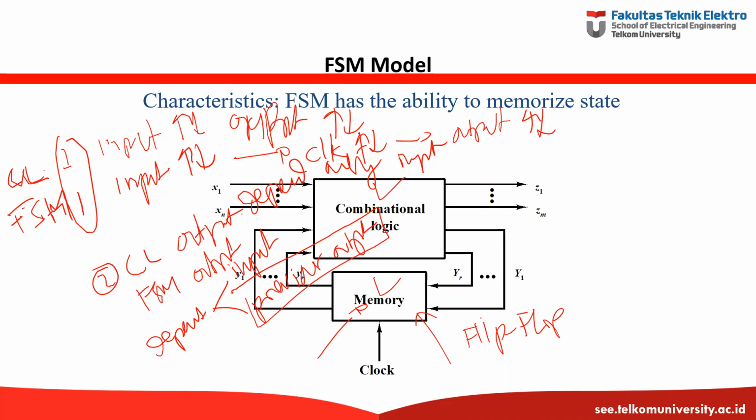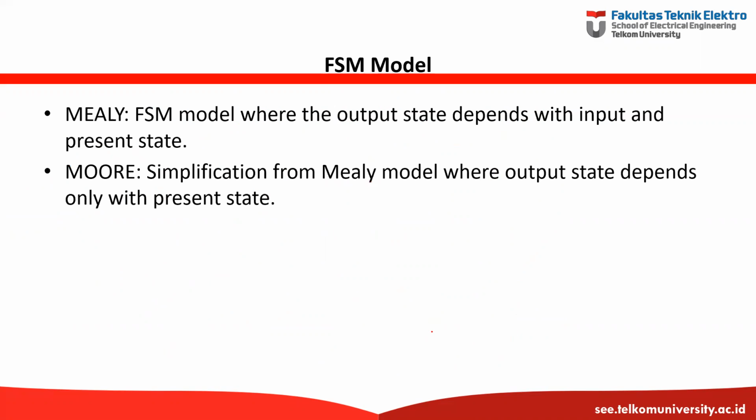That's why we need to store the value of the previous output using the memory. So the output of the FSM will be fed back to the memory to remember the value of the previous output. Okay, those are the two differences between combinational logic and the FSM.